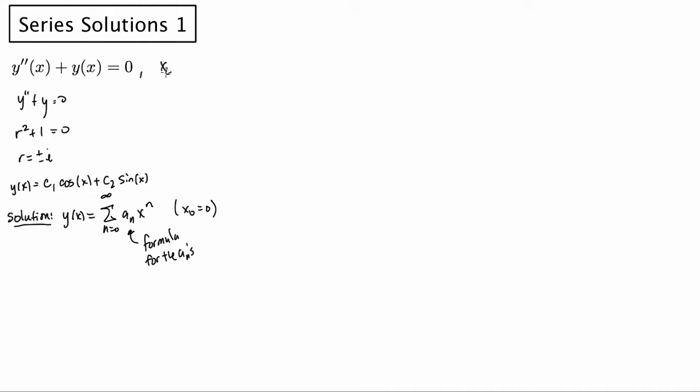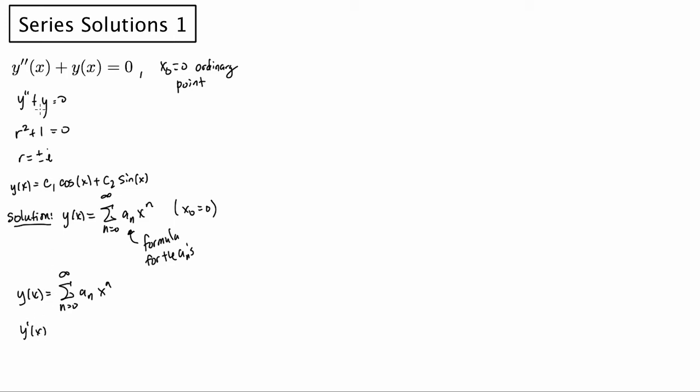So x equal to 0 is an ordinary point for this particular equation. I would need to check that. Go back and look at the video on singular and ordinary points if you need to. But basically, that's the idea. This is going to be my solution. So y of x is this nice sum. We've got an infinitely long polynomial that we're declaring to be the sum.